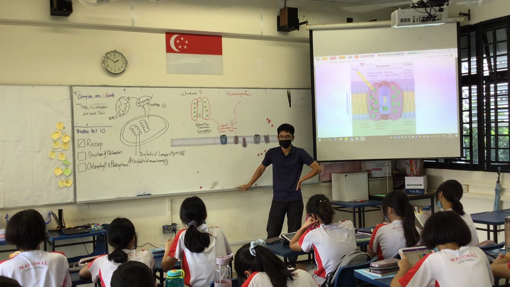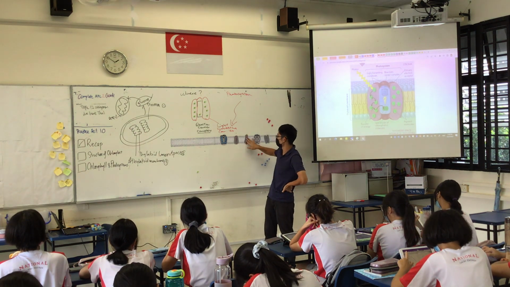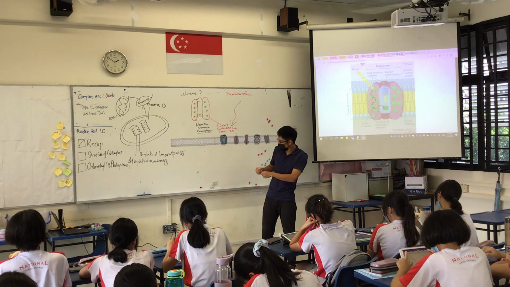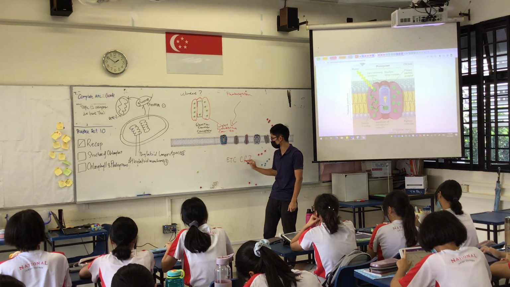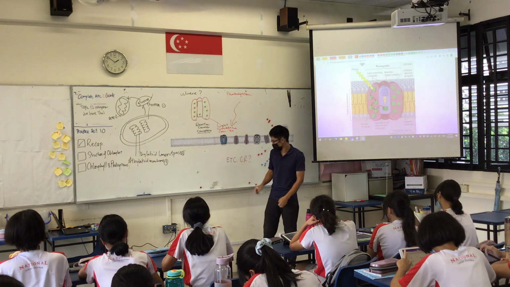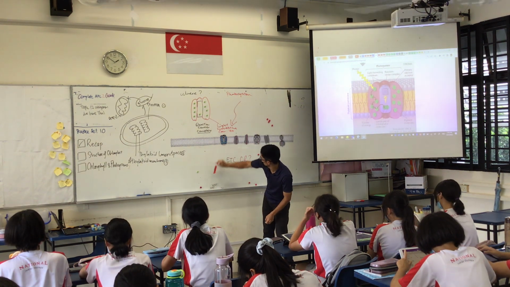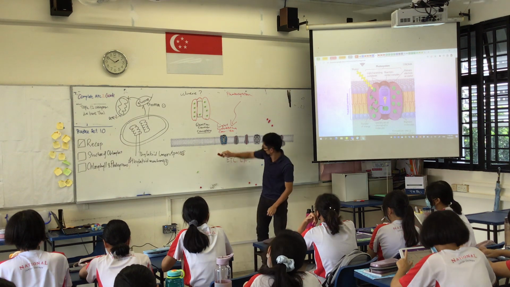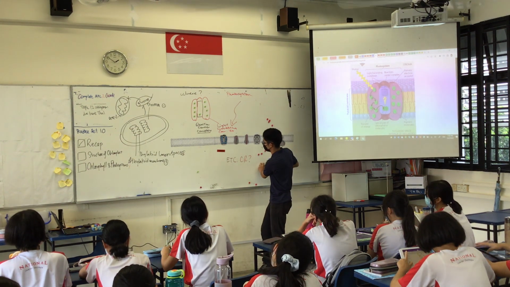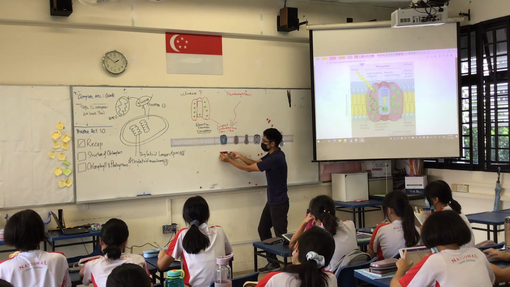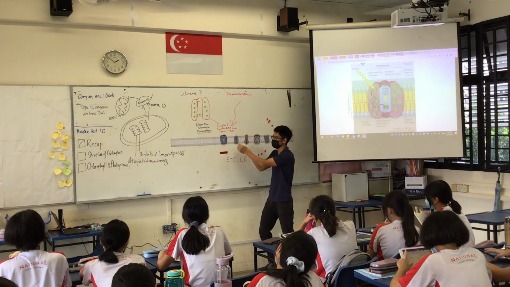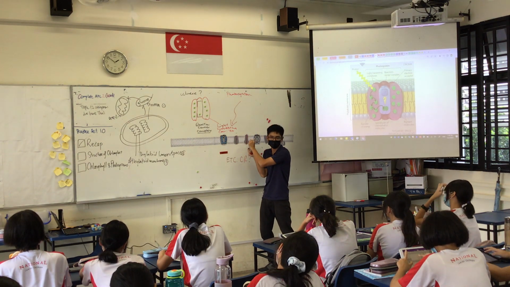Still okay? Alright, but here's the interesting part. Remember the electron transport chain in cellular respiration? We needed NADH to contribute electrons. In cellular respiration, NADH was what contributed the electrons to the electron transport chain.